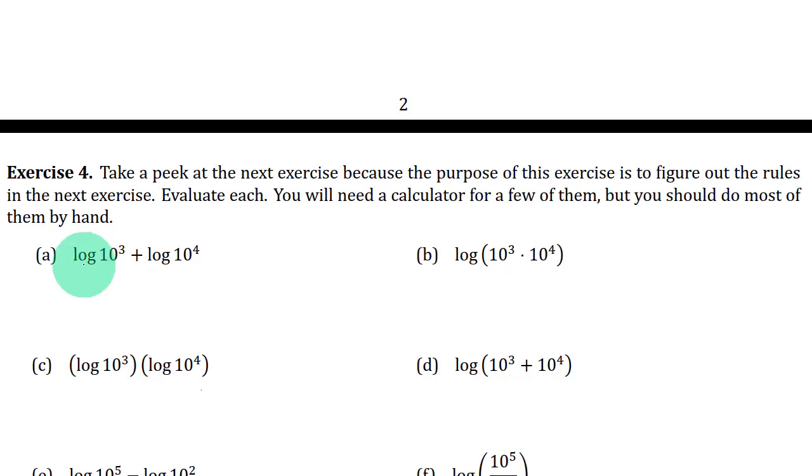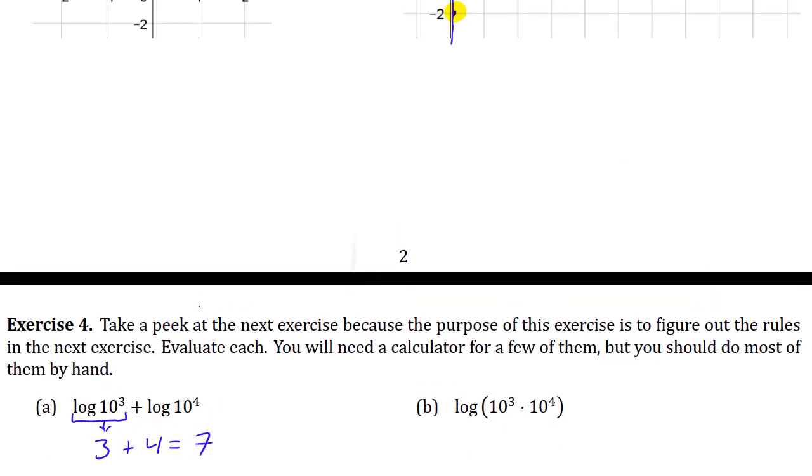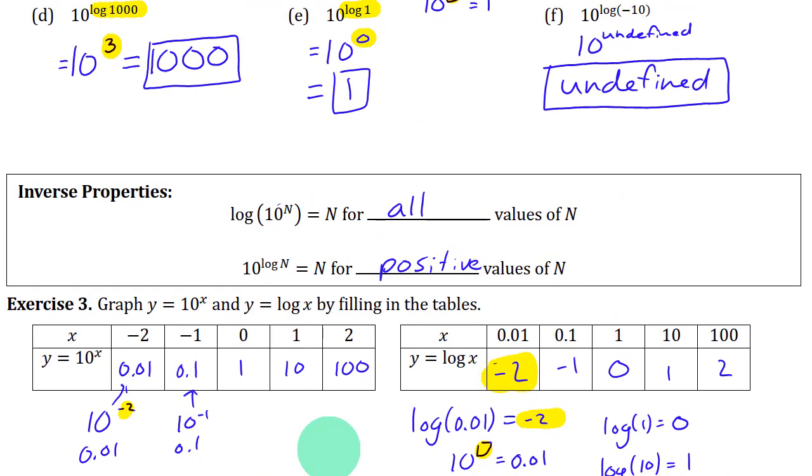Okay, so log of 10 to the power 3 means the exponent of 10 that results in 10 to the power 3. This whole thing is just 3. Likewise, log of 10 to the power 4 is just 4. So this is just 3 plus 4, and it's 7. You could think of this as using the inverse properties rules here.